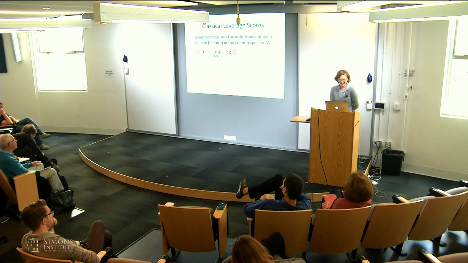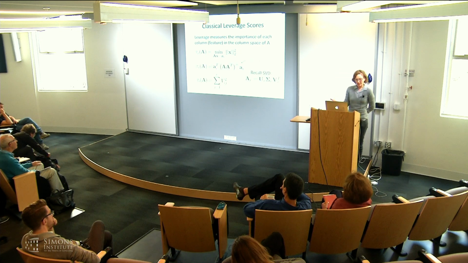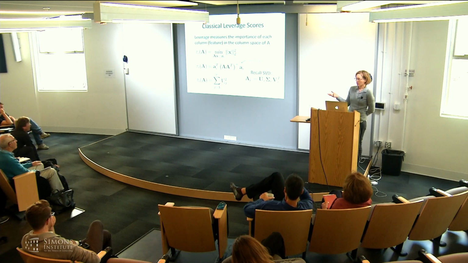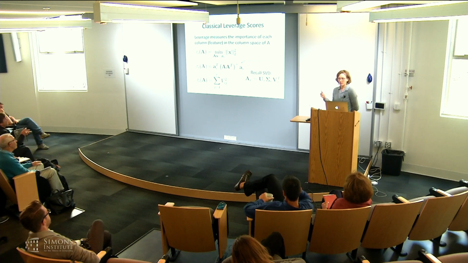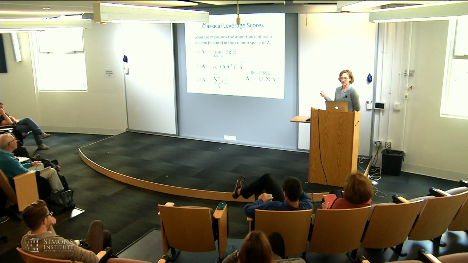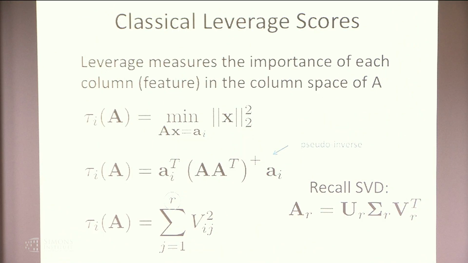Okay, sorry. So an alternate and equivalent definition, which is maybe more familiar to people, is to think of the leverage score as the norm of each column of A with respect to this inner product, where the matrix you're using to take your inner product with respect to is getting a minimum norm solution.